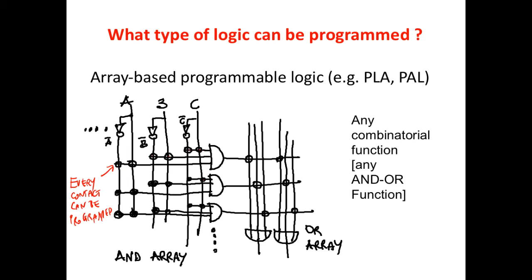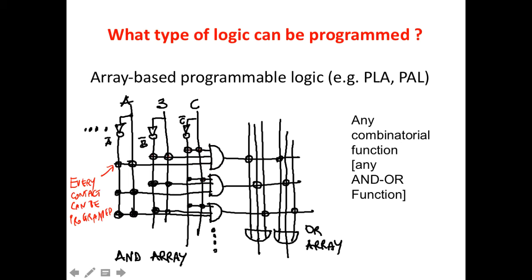Just to understand what type of logic can be programmed, take this just as an example. If you have some array-based programmable logic, such as, for example, a PLA and a PAL, a programmable logic array or programmable array logic, those of you that have done the basic course in electronics have already seen that, know that for any combinatorial logic function, you can use an array-based programmable logic, and you can program either the AND array or the OR array, actually, or both.